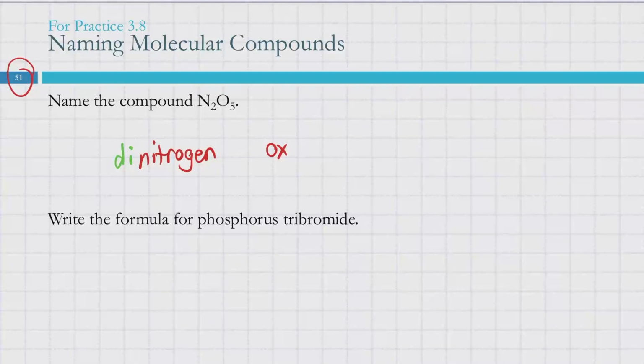What's our prefix for 5? Penta. Oftentimes, if you've got your prefix ending in a vowel and your word starting with a vowel, we get rid of one of them. So pent, ox, and then we change the ending to IDE. It might also sometimes be spelled out, pentaoxide, but it's always pronounced pentoxide.